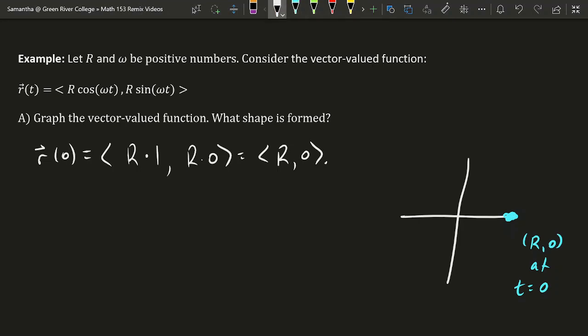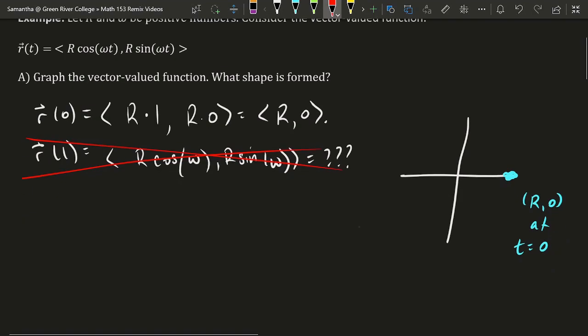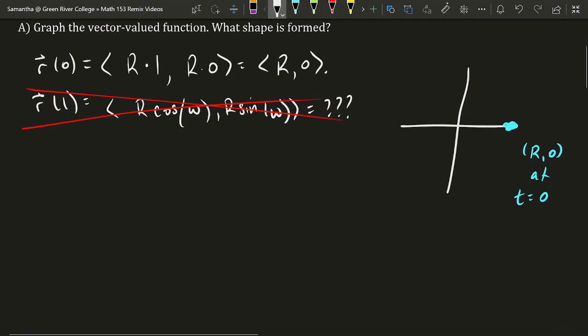Now, if I tried to plug in t equals 1, a next natural time, it would be impossible for me to answer exactly where this object is located at this time because I don't know the value of this constant called omega. Instead, let's plug in slightly different values of t.